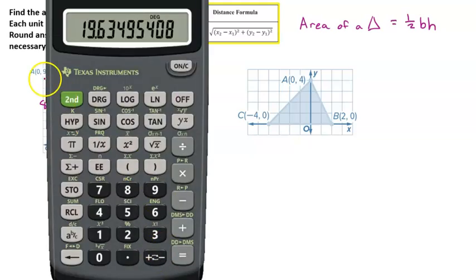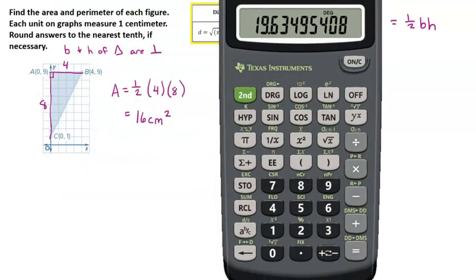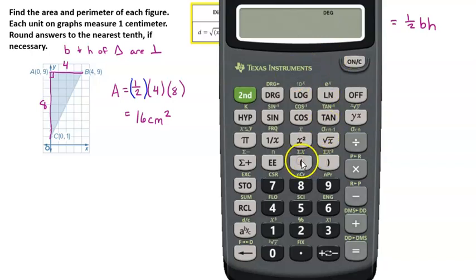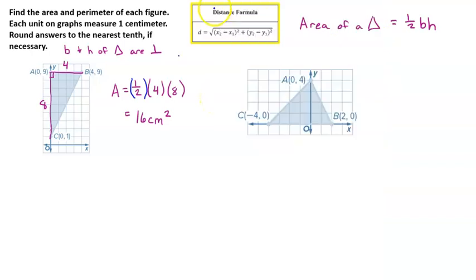To put this in your calculator, what you want to do is make sure you put your fraction in parentheses. So we have parentheses 1 divided by 2, close parentheses, times 4 times 8 equals 16. Okay. All right. Now let's do our perimeter.